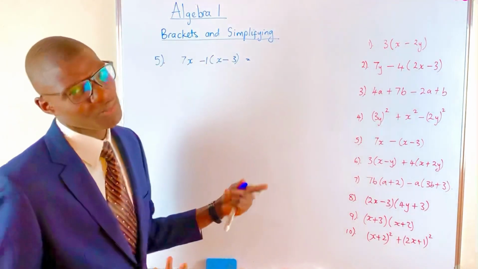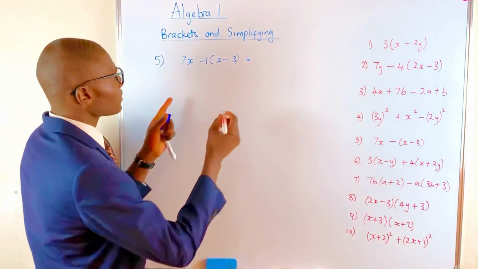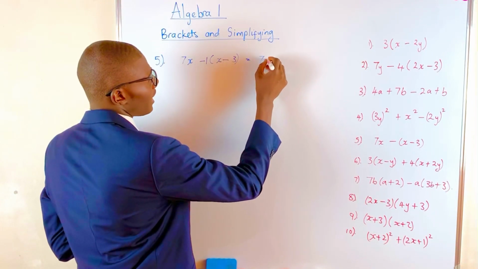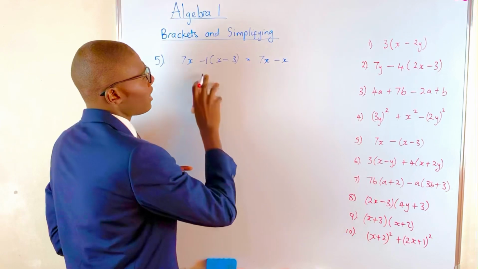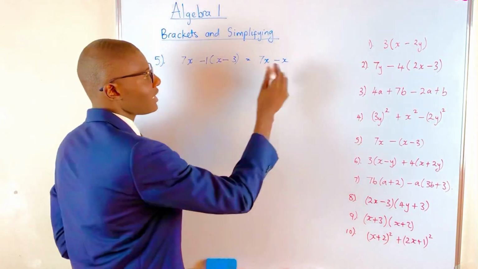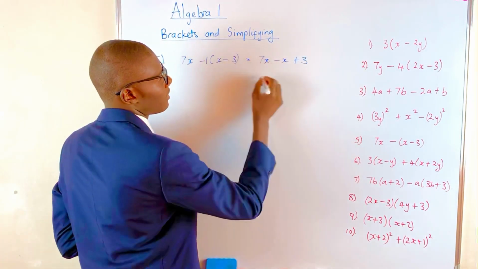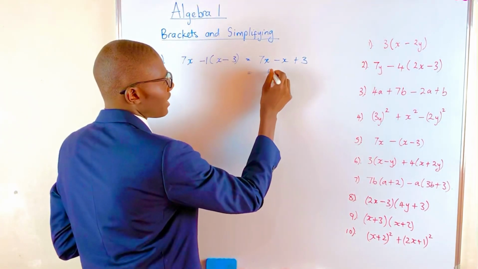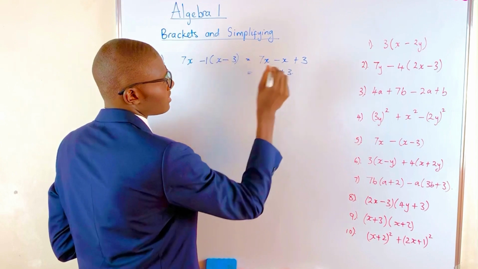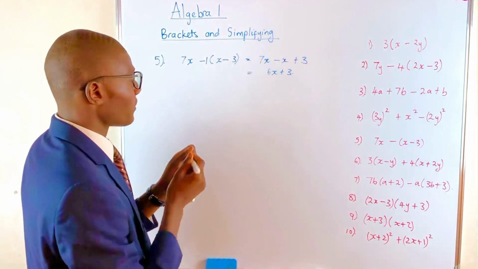We know it's there, but we don't usually write it. So now we shall simplify 7x, and then minus 1 times x, we get minus x. Minus 1 times minus 3, we get plus 3. So now simplifying this, 7x minus x, we get 6x, then plus 3. So that's the answer that we get.